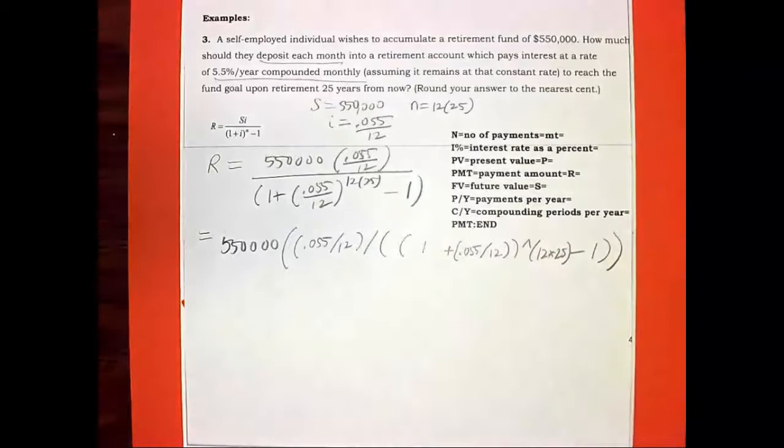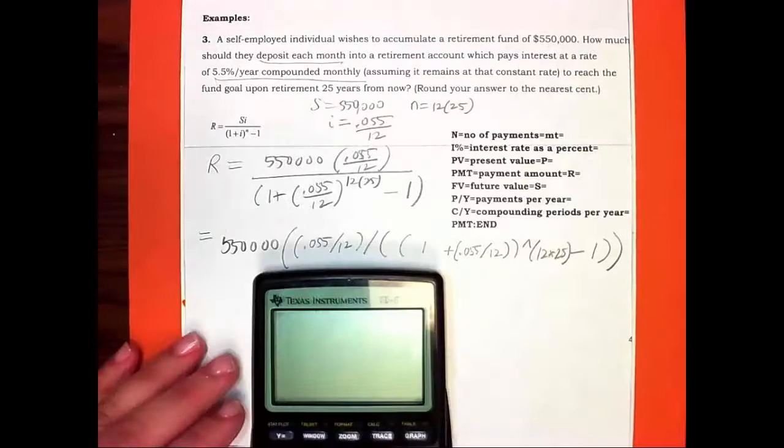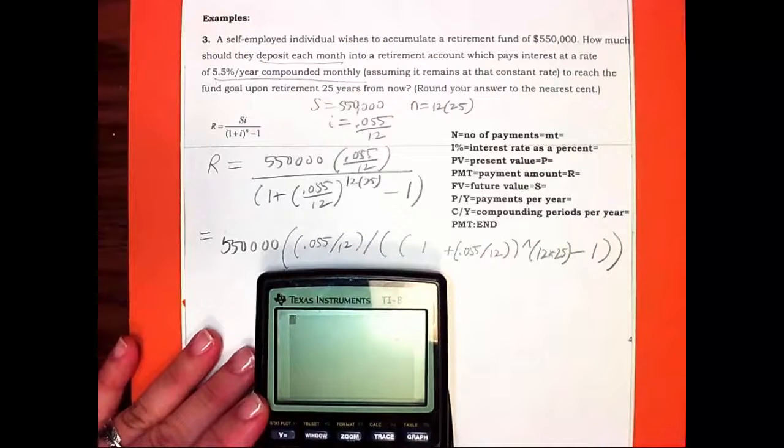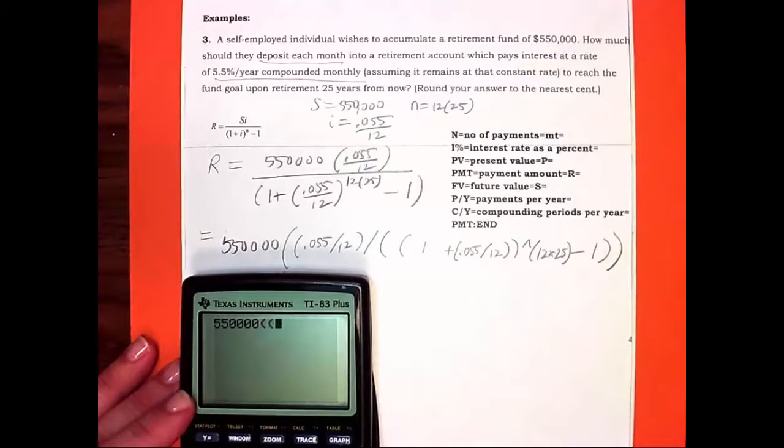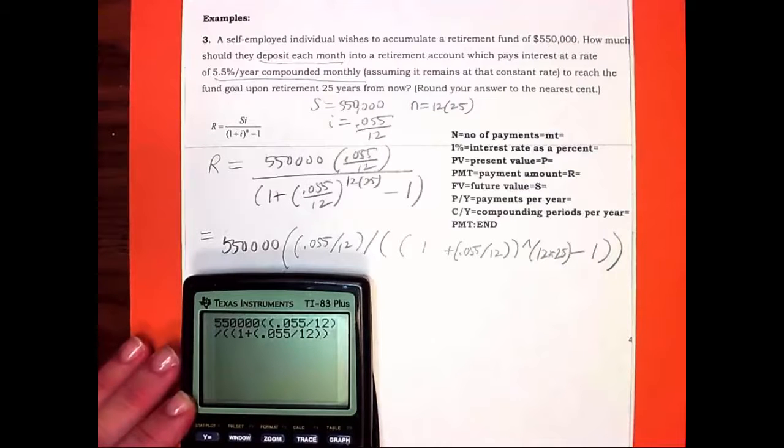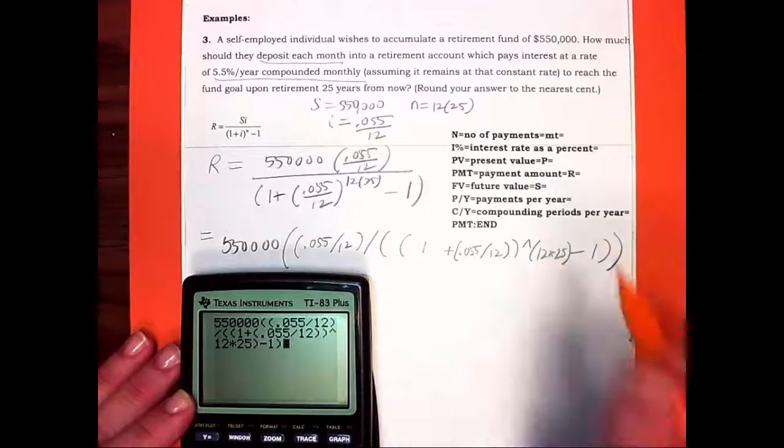Alright, I think I've got it this time. Let's go ahead and type that in. Nope, missed something. Let's see, I guess I've got an extra parenthesis. Hold up.